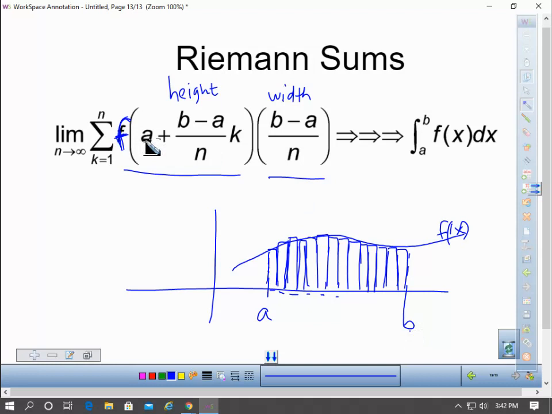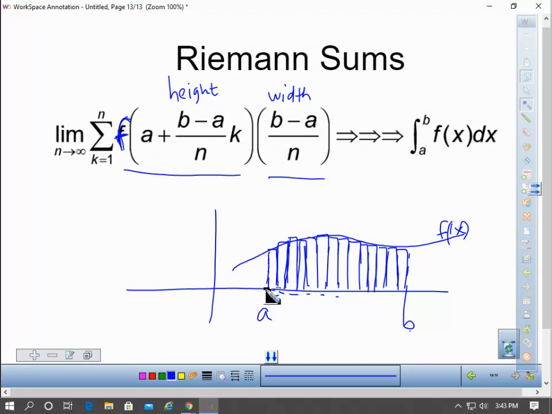So you start at A, and then you do a counter. Your counter is like your first rectangle, your second rectangle, your third rectangle. So A is where we start. And then the first rectangle is going to be A plus one width here. Notice b minus a over n is the width of the rectangles.